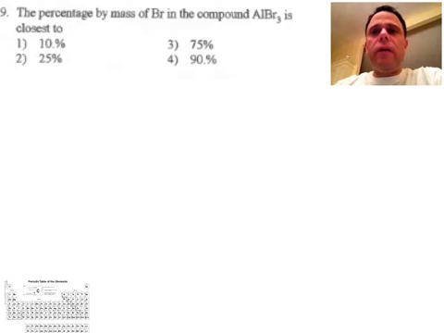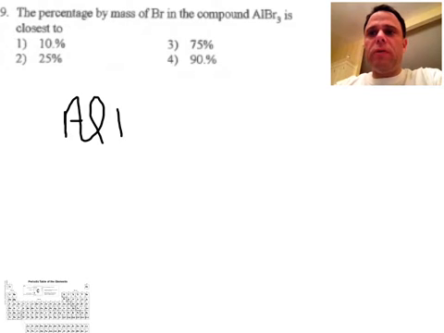Okay, number 9. The percentage by mass of bromine in the compound aluminum bromide is closest to. Well, in order to do this one, we need to know what the entire mass, the gram formula mass for aluminum bromide.